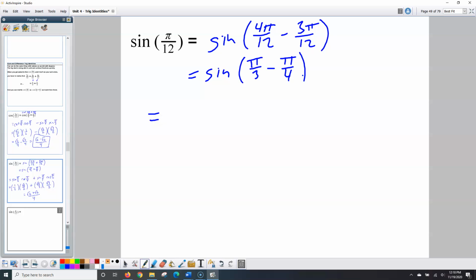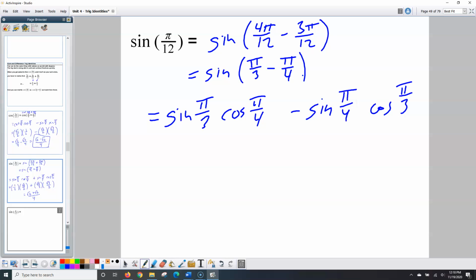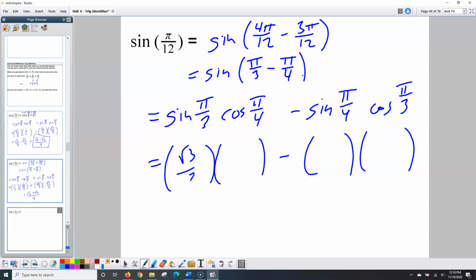And it's just my sine function. That's a sine, cosine. Sine is the same sign. So this is pi over 3, pi over 4, pi over 4, pi over 3. And sine of pi over 3, that's the one. Sine is the y value, so that's square root of 3 over 2.